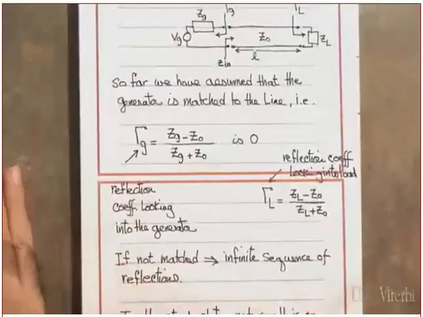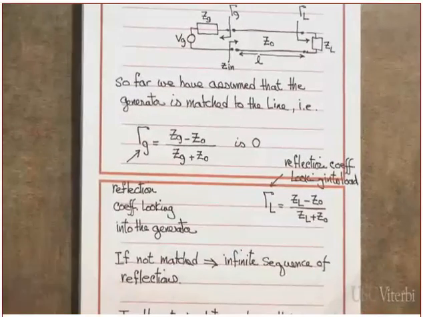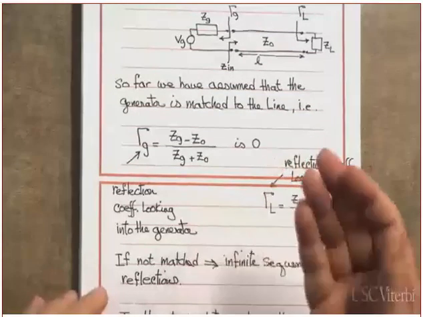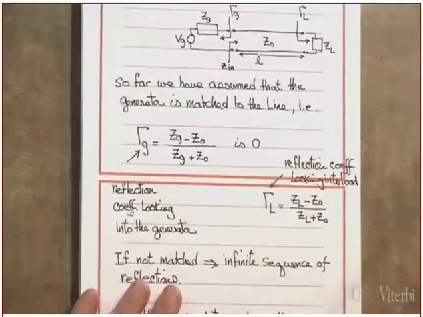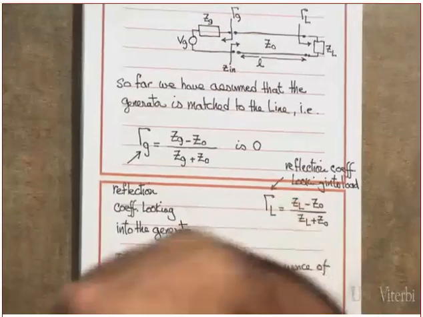Now, let's look at the case in which we have both a generator and a load. So far, we have been talking about the case in which there is no reflection on the source side.